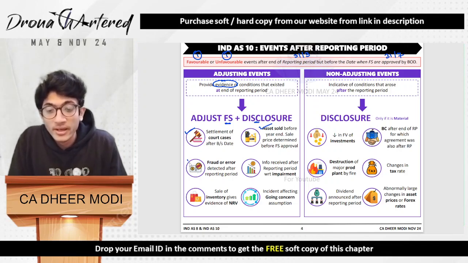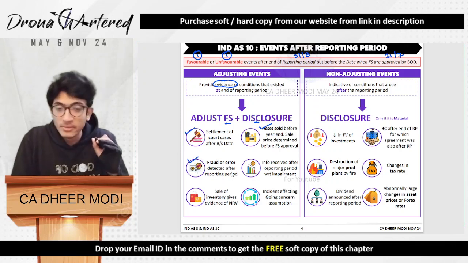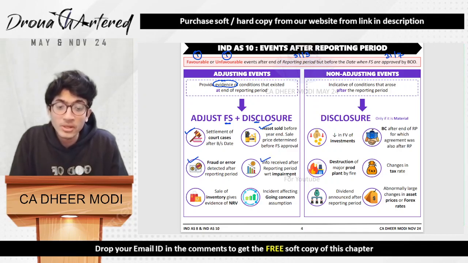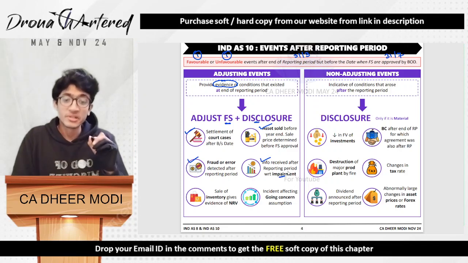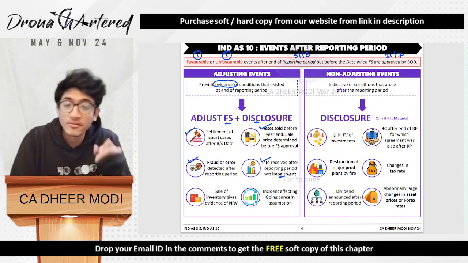Next is fraud or error detected after the reporting period. Any fraud or error detected will be an adjusting event. Any information received after reporting period with respect to impairment will also be an adjusting event.